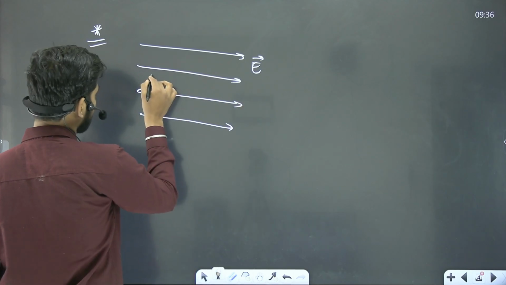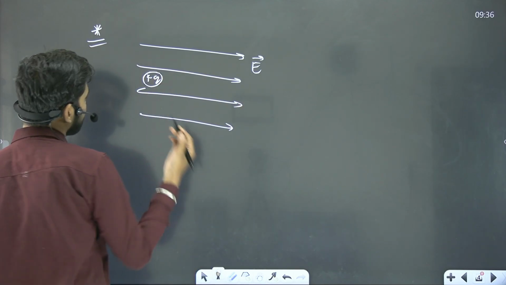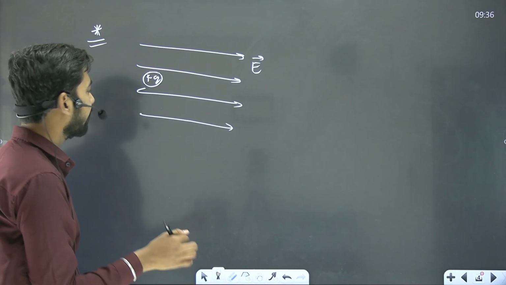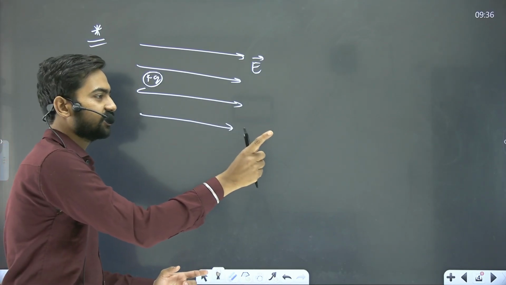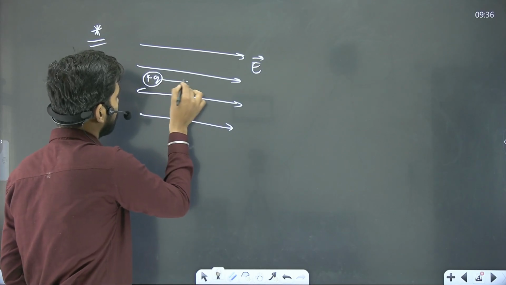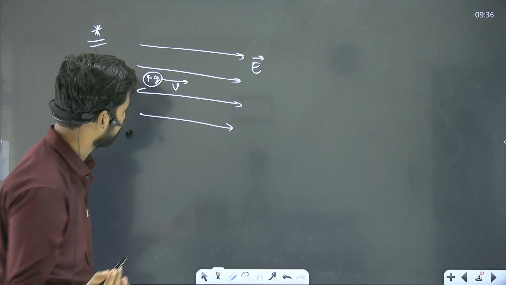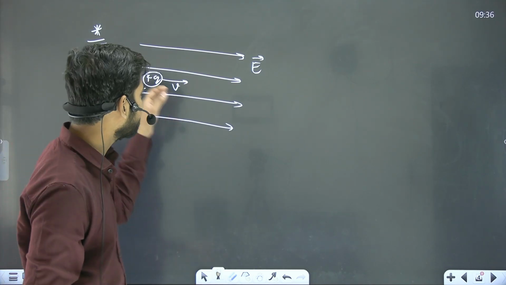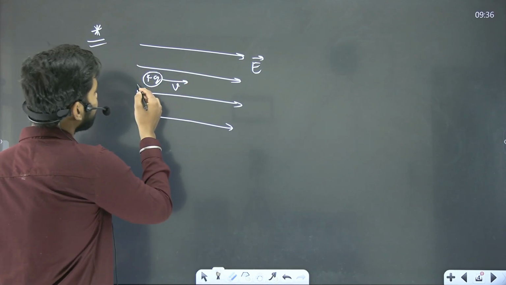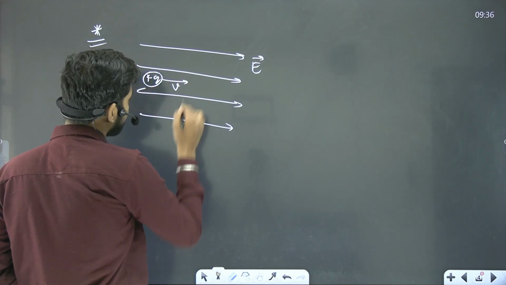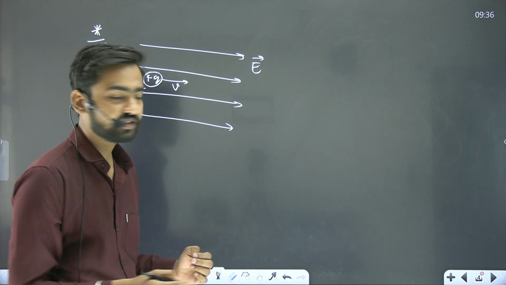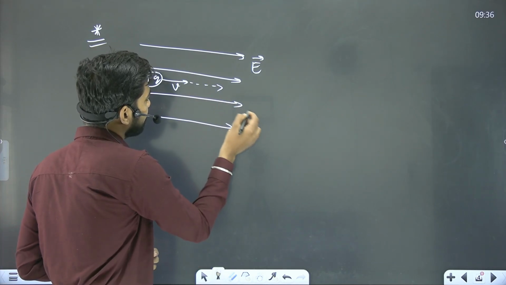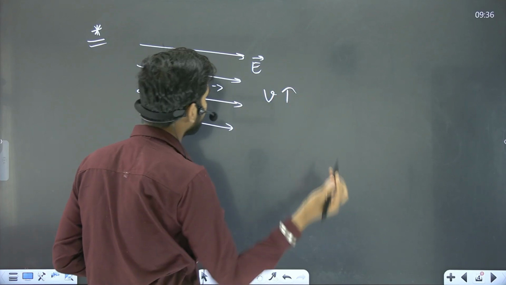And I have supplied one positive charge Q, and I have thrown this charge with some initial velocity V. Now what will happen? This electric field will apply some force on this charge, and it will repel this charge. Once it starts repelling this charge, the speed of this charge will be increasing.